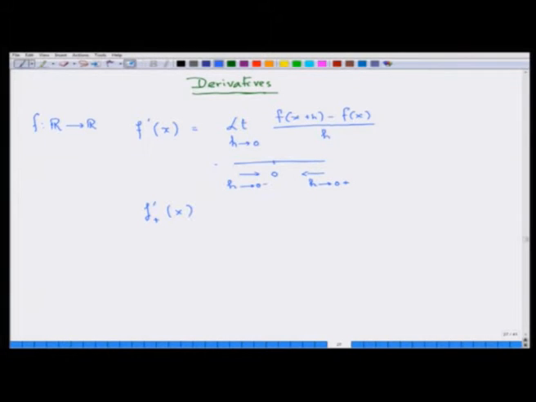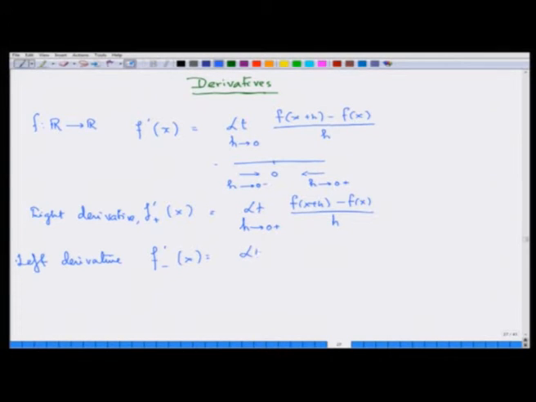So, the right derivative is h tends to 0 plus, and the left derivative is h tends to 0 minus. Now the derivative exists if these two limits, left and right, exist, and they must be equal.